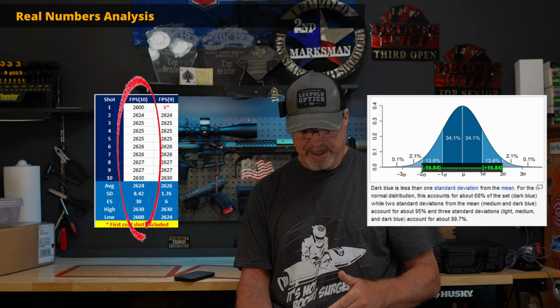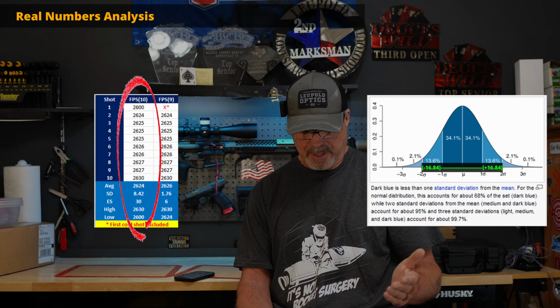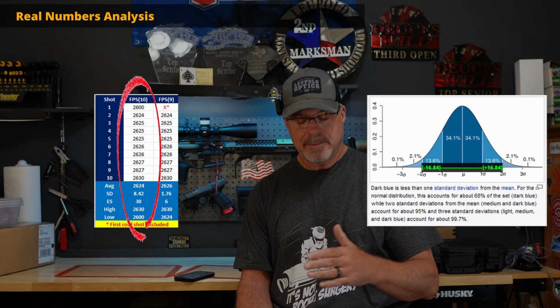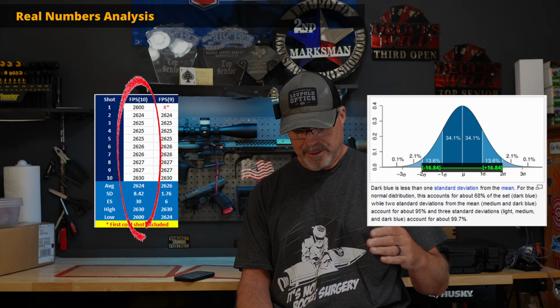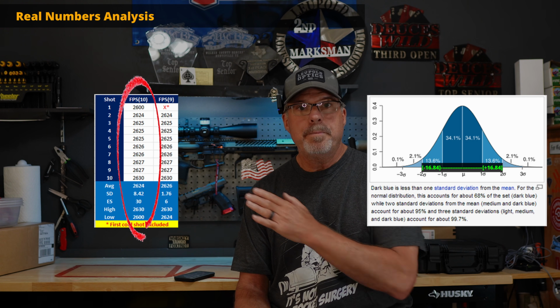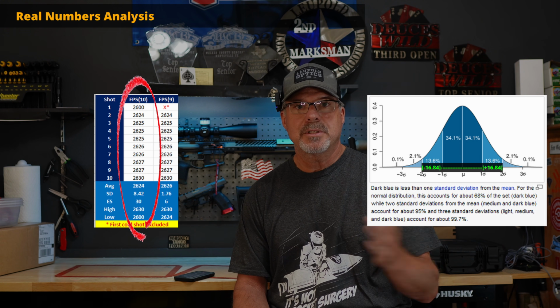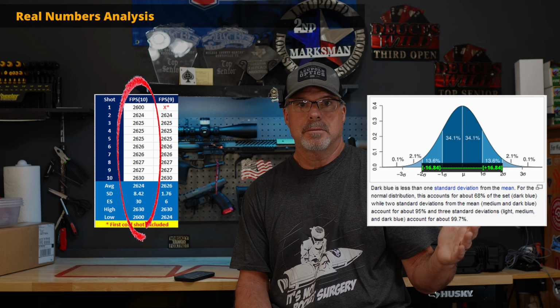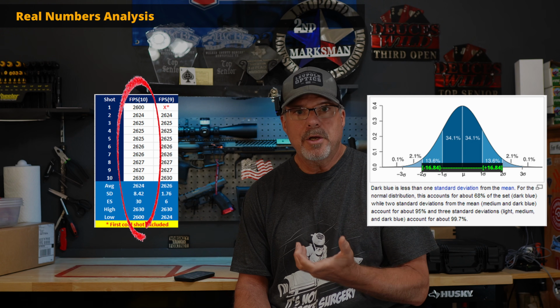So anything within 2641 and 2607 would be 95% of our shots. 95% of our shots. So we're still pretty good there, right?